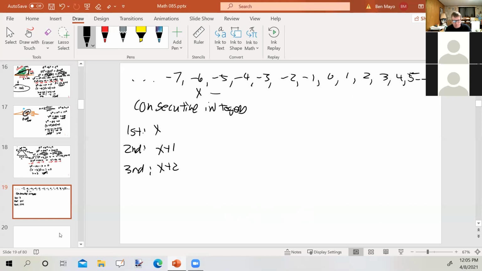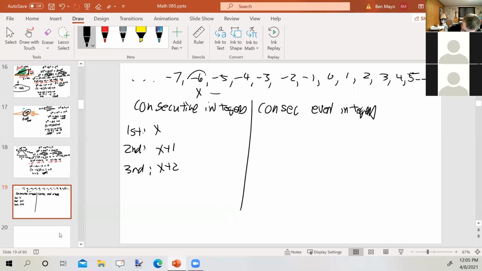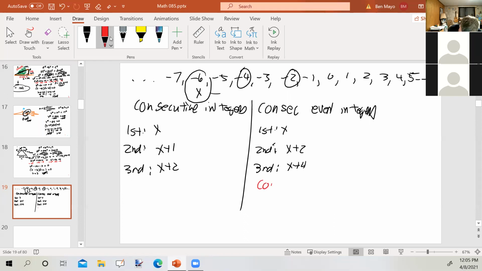Any questions there? Okay, let's talk about consecutive even integers. So if this is the first one, the second one would be x plus 2, and the third one would be x plus 4, because consecutive even integers go up by 2s. Are we okay with that? All right, let's talk about consecutive odd integers.